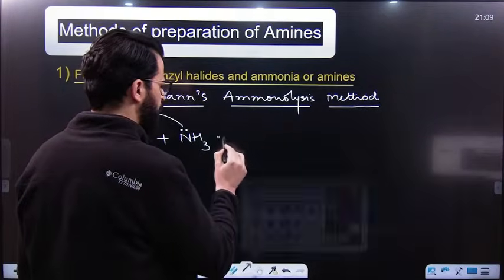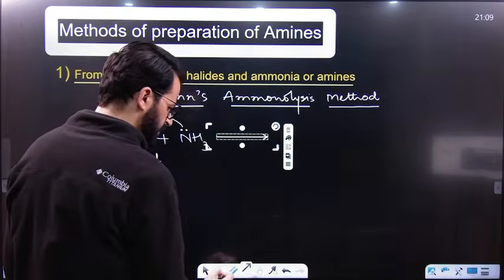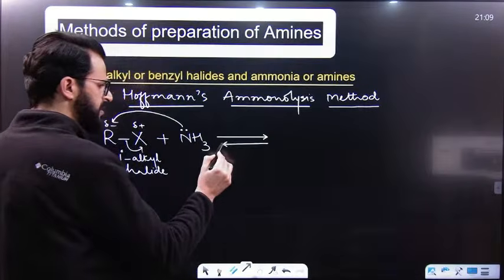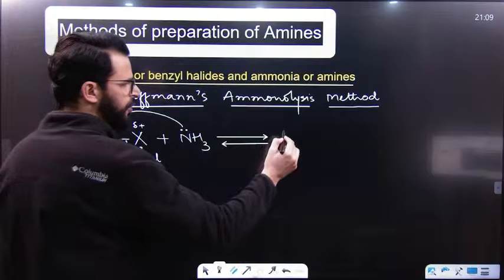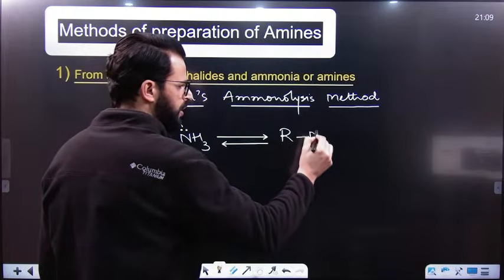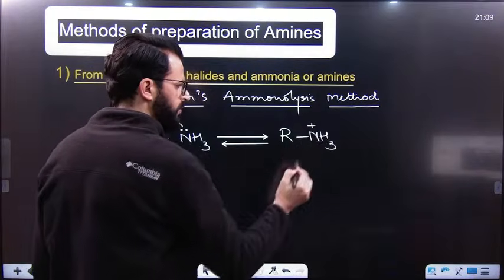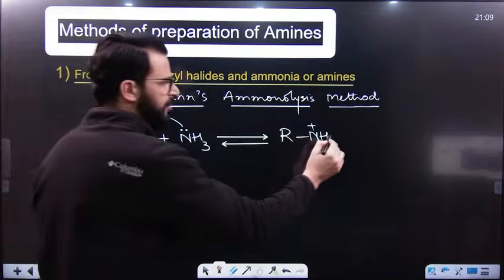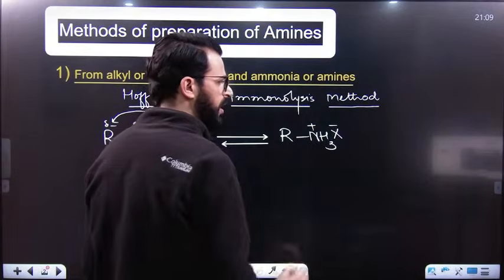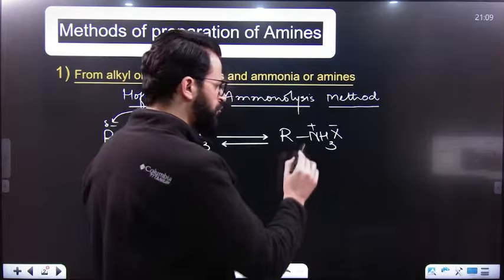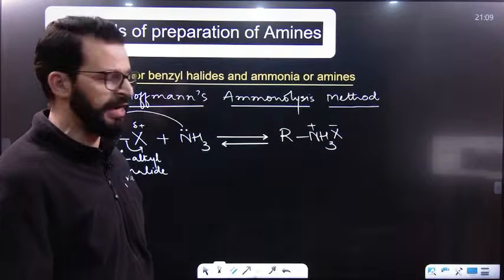Now, here what will be the product? Have a look. Product will be like this. It will result in the formation of R, NH3 with a positive charge, and then this X minus will simply attract towards this positive part. So first of all, this will be formed.